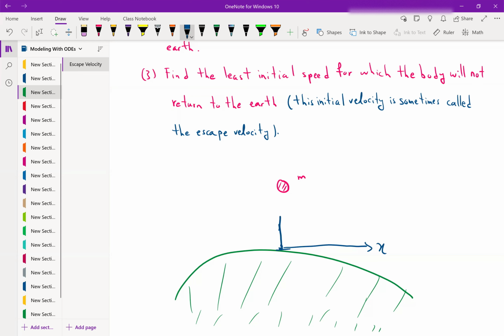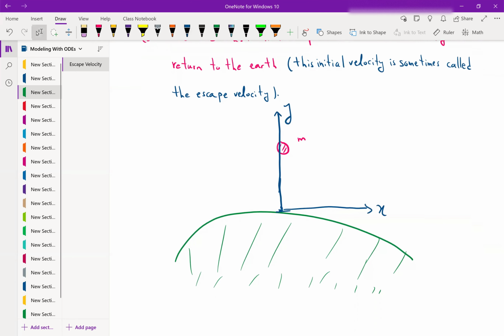So this will be my y-axis. As a matter of fact, in this problem, as we will see in a moment, in order to be careful about the force due to gravity, I have to consider the radius of the Earth, and I will explain that shortly. So let's say that this is the center of the Earth, and then this is the radius.